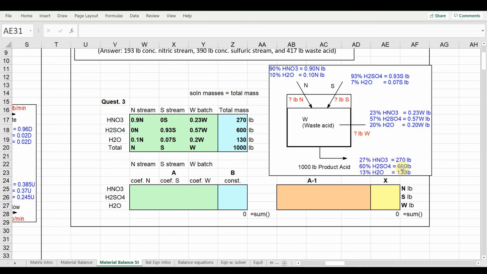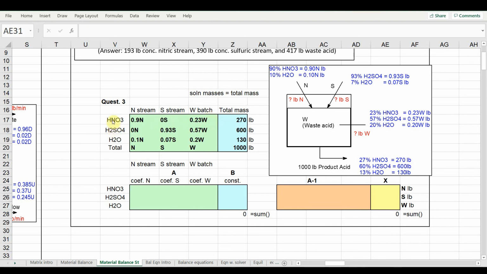So we can write mass balance equations. We have three variables, N, S, and W, so we need at least three independent linear equations. We should be able to write four, one for the total masses in the system and then one for each component. So I have a nitric acid stream, a sulfuric acid stream, and a water stream.